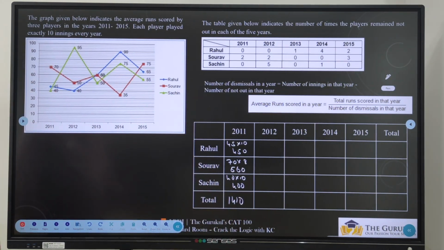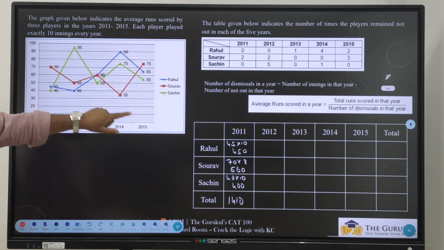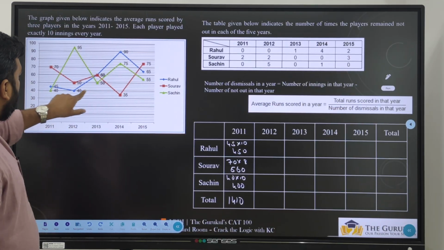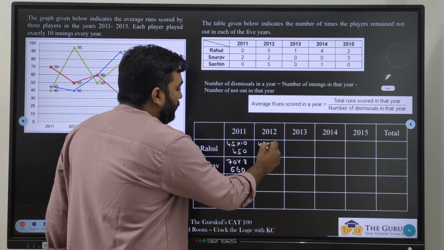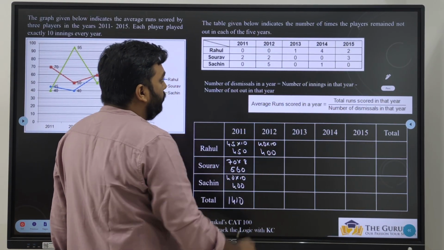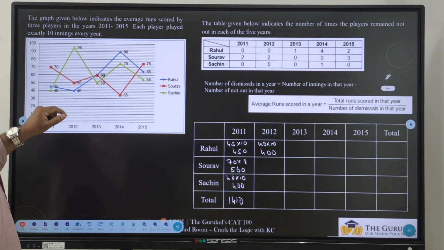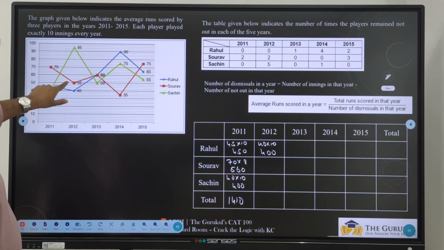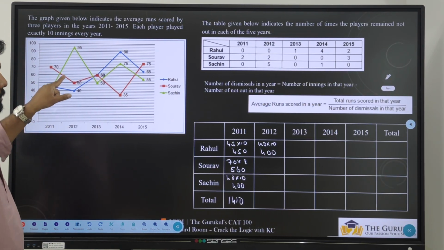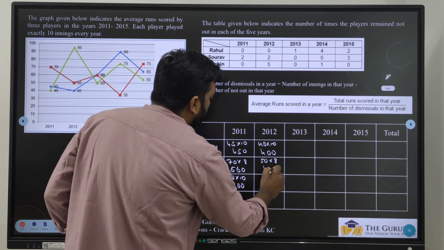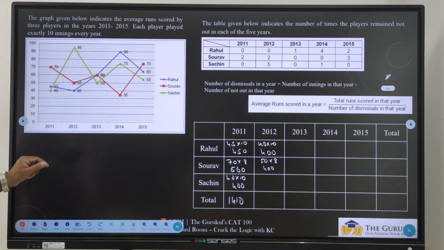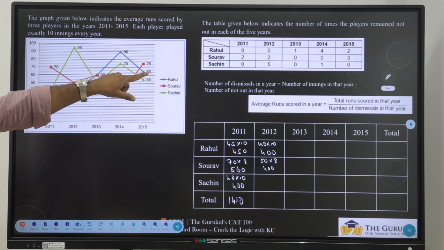Okay. Let's look at 2012 also. Rahul, first person, 40, not outs, 0. So this is 40 into 10, which is 400. Next, Saurav, second person, 50, 2 times not out. So this should be 50 into 8, that is 400. Third person, Sachin, that is 95, but 5 times he is not out.